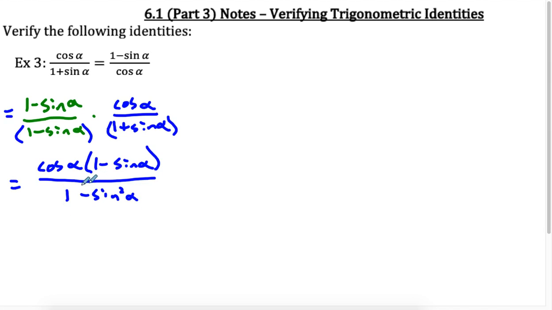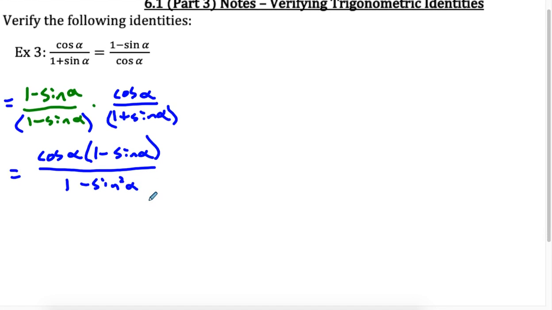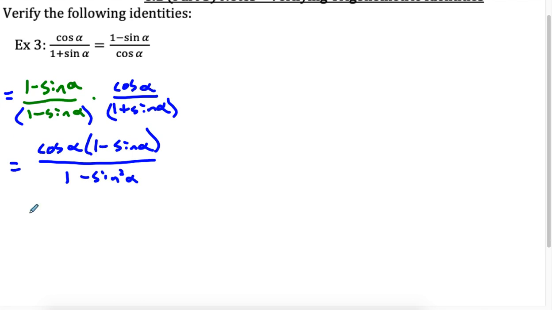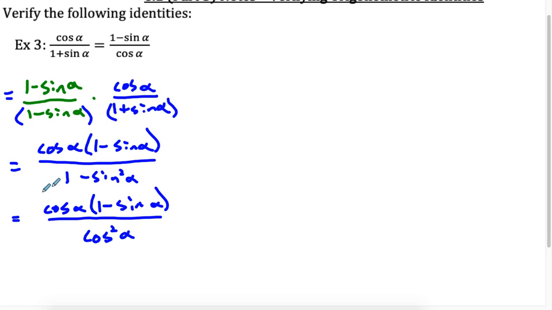Well, my denominator here is one of my Pythagorean identities. 1 minus sine squared is just equal to cosine squared. So this will end up being cosine of alpha times 1 minus sine of alpha over cosine squared. Now I can cancel out one of these cosines, and I'm left with 1 minus sine of alpha over cosine of alpha.